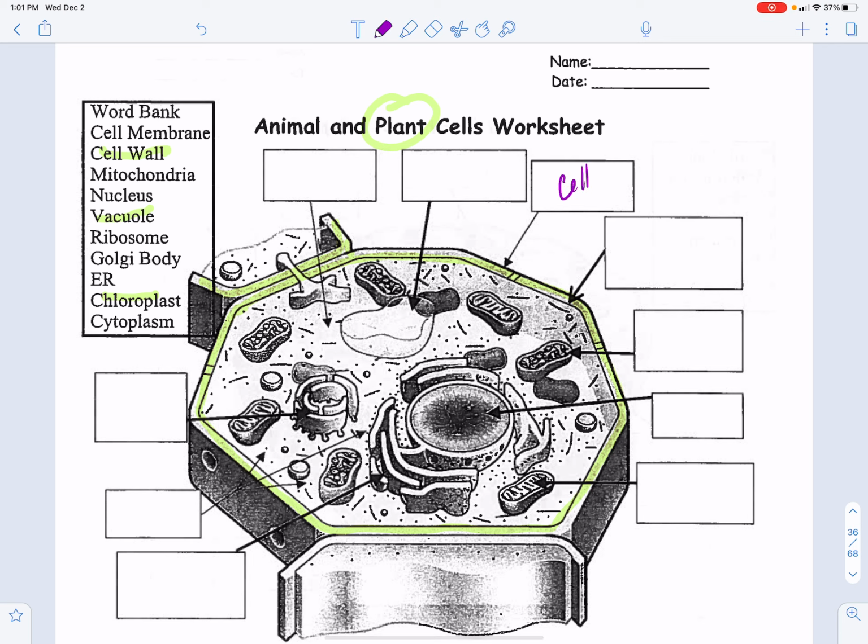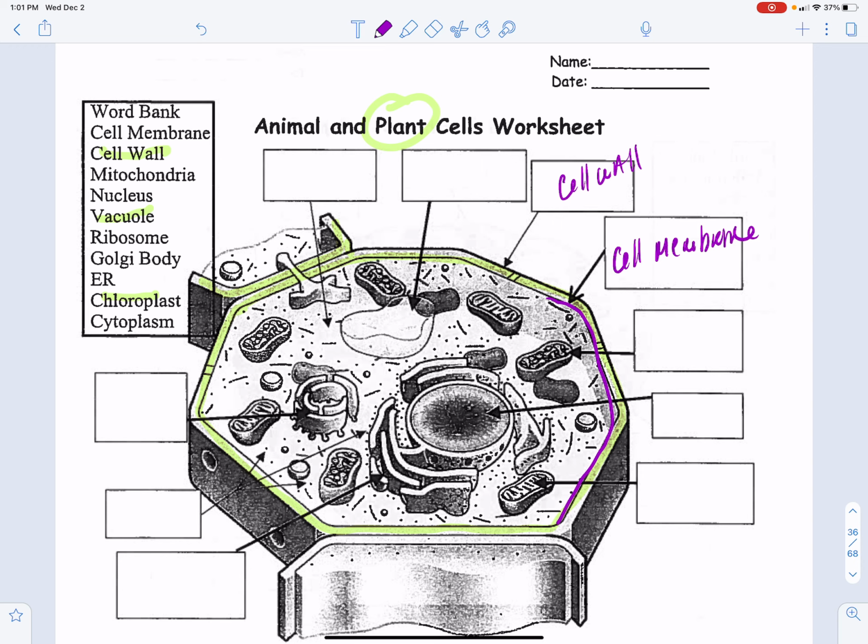Right inside the cell wall, it's hard to see, right? But there's this little black line that runs all the way inside the cell wall. That's the cell membrane. Once again, all cells are going to have a membrane. They need this membrane in order to separate what's outside and inside.